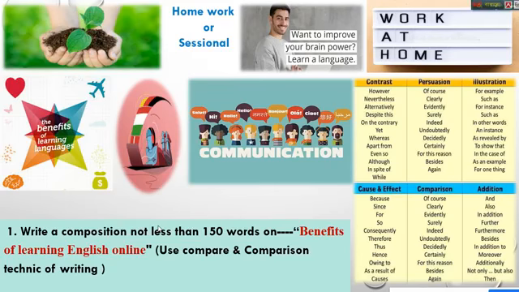If you watch this poster and these images here, you will get a lot of clues about how you may have benefited from learning English online, which is not possible in virtual or physical classes.